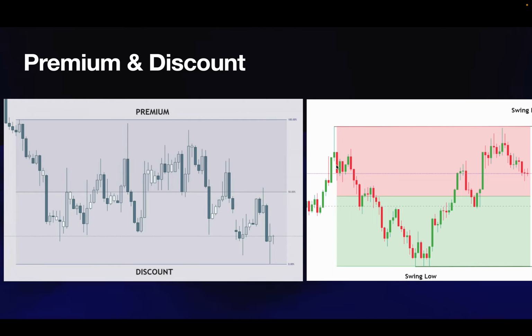Same here. We can see the market coming lower and then coming higher and coming down a little bit. If we measure this high and this low, anything below here is a buying opportunity and anything above here is a selling opportunity. You never want to buy in premium and you never want to sell in discount.